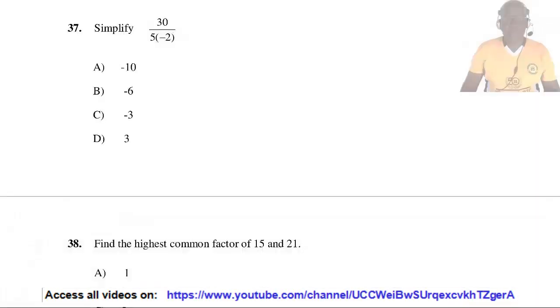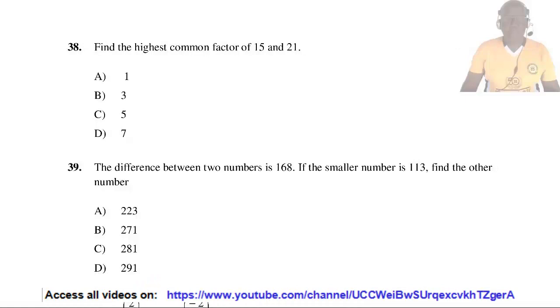Question 37. Simplify 30 divided by 5 times minus 2. This 30 divided by 5 is 6, and 6 times minus 2 gives minus 12. Question 38.